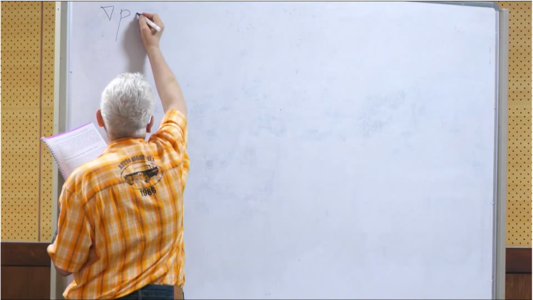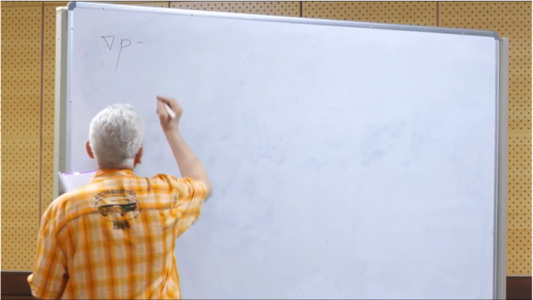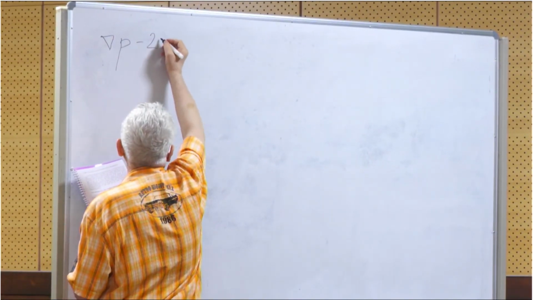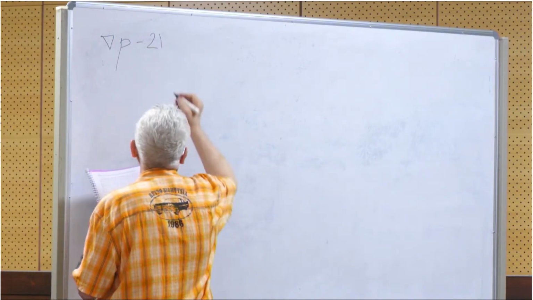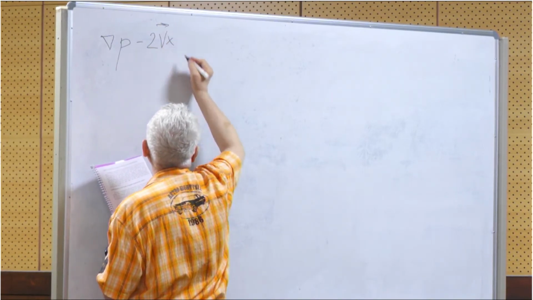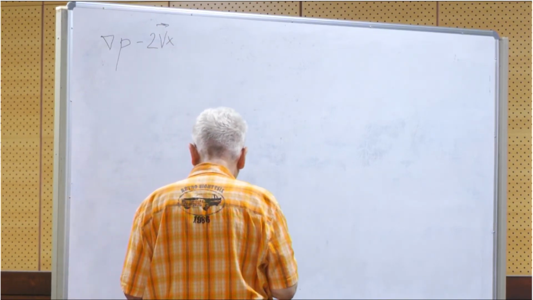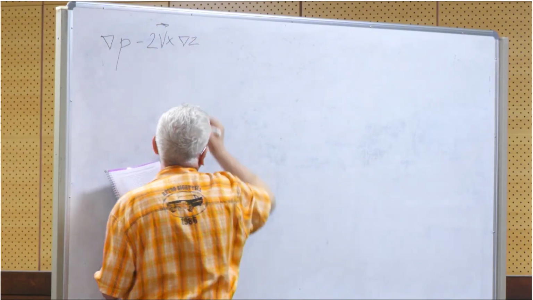We just rearrange the terms to see them more precisely. We put the gradient of pressure in the first place. Then we have the velocity vector multiplied by a cross product with the unit z vector, or the vertical axis.